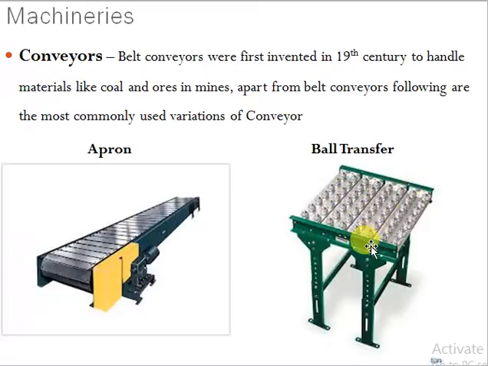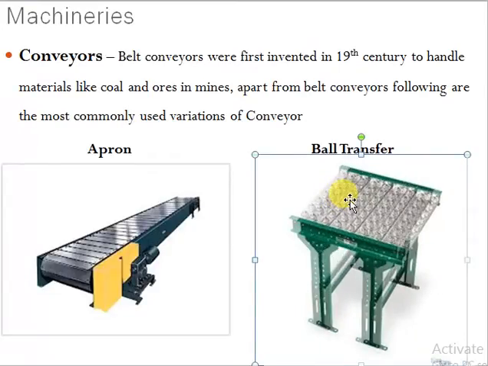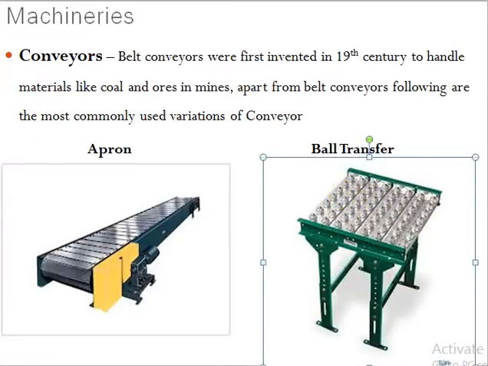You can see ball bearings assembled here, and this type of conveyor is used when cartons have to be moved from one place to the other. Here a carton can simply be pushed from this end, and due to the action of these ball bearings it will reach the other end through rolling action.